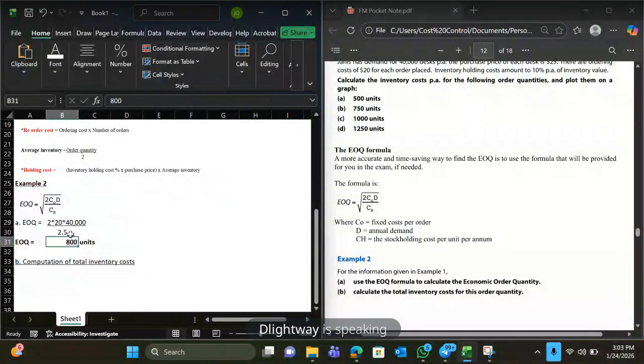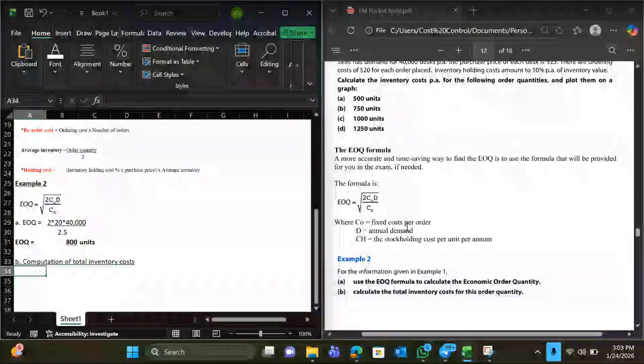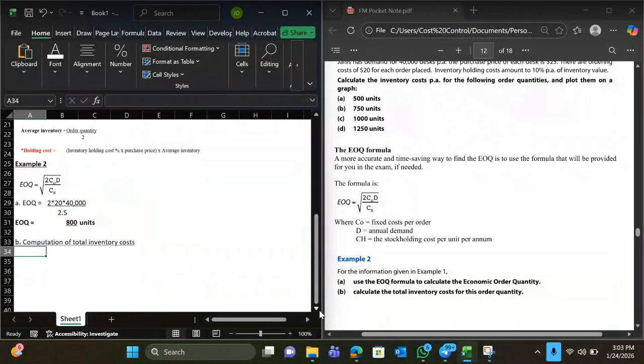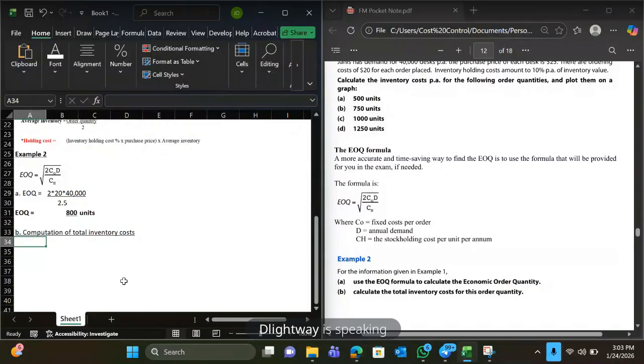Let's try it out. I will wait for our answers before we solve together, just to be sure we got it. It shouldn't be that difficult since we've done it before.